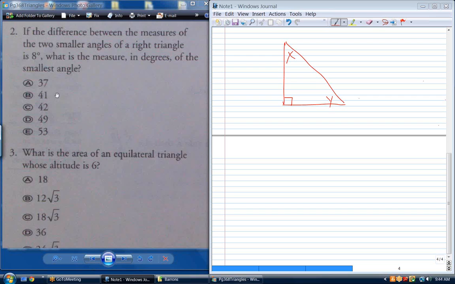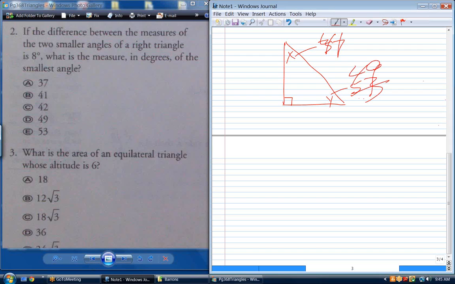In other words, we could start with 37 as the smallest. We could let this one be 37. That makes this one 53. Do they subtract to 8? No. So I know it has to be bigger. So when I try 41, that makes this one 49. Now they subtract to 8 and I'm done.